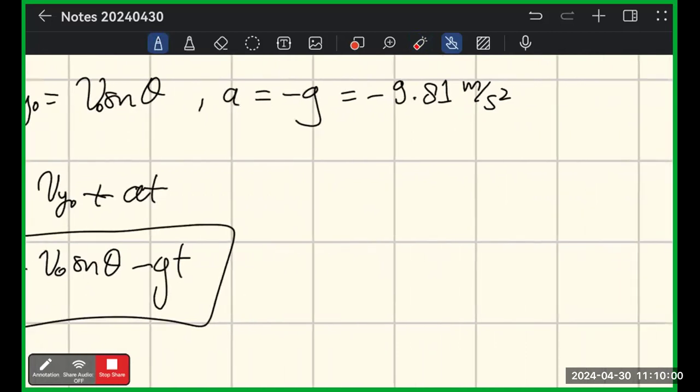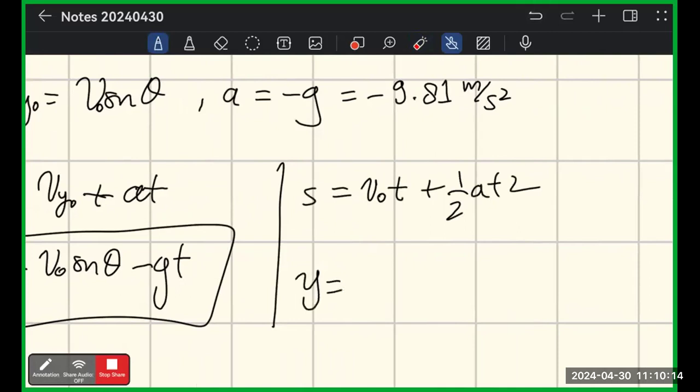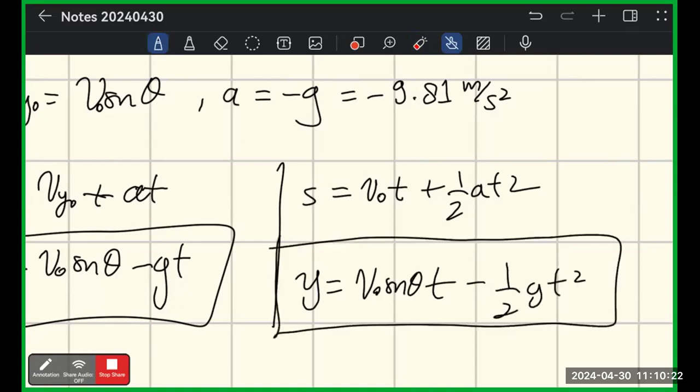The other equation follows: s equals v naught t plus half a t squared, so y equals v naught sin theta times t minus half g t squared.